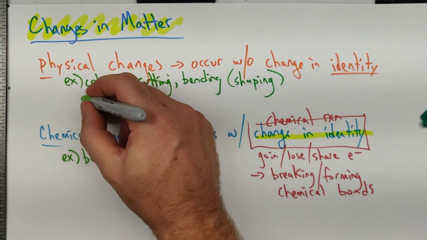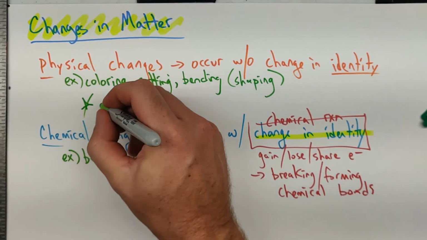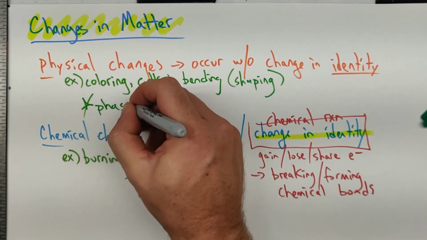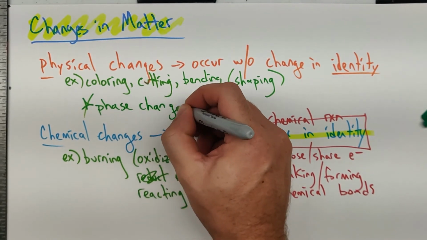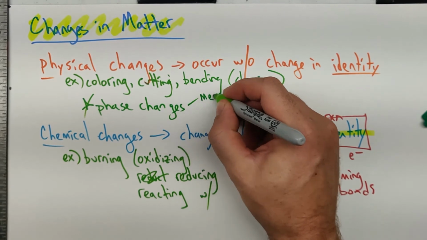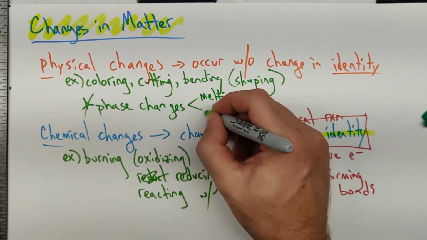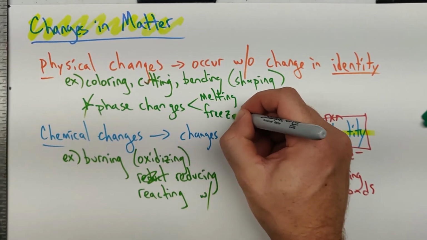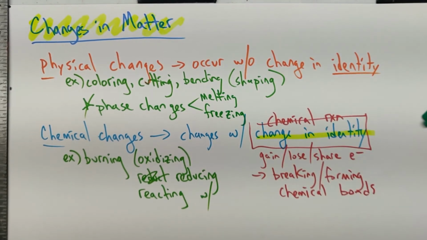And now the trap that we need to watch out for, phase changes. In terms of phase changes, we might talk about melting or freezing. And it's not obvious that you have a physical change taking place because it seems like things are changing rather dramatically.